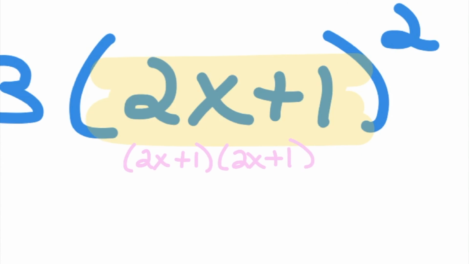And to me, that means that I need to FOIL here, and that's exactly what I would do first. And you may want to stop the video and FOIL it just to make sure that you can, rather than just randomly copying my answer. But when you've FOILed this, you should get 4x squared plus 4x plus 1. So just pause a second and make sure that you understand where those numbers come from.